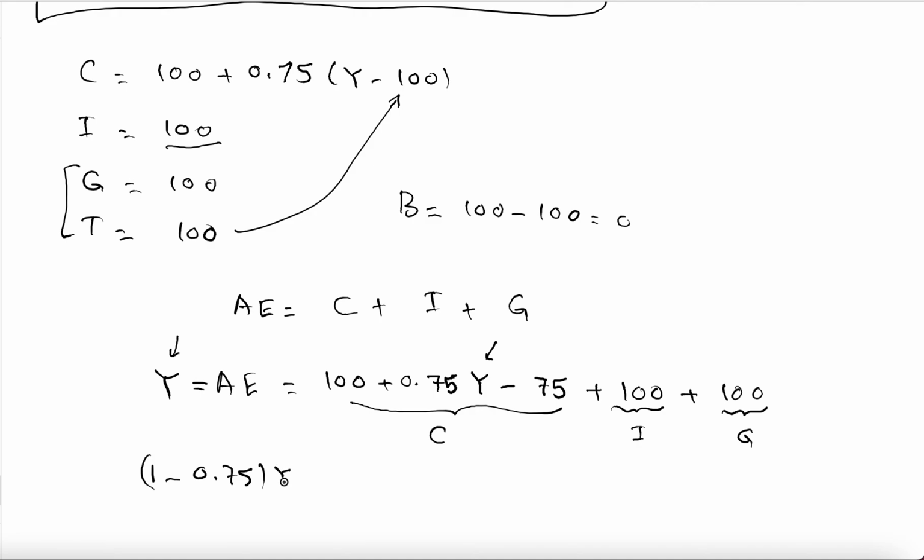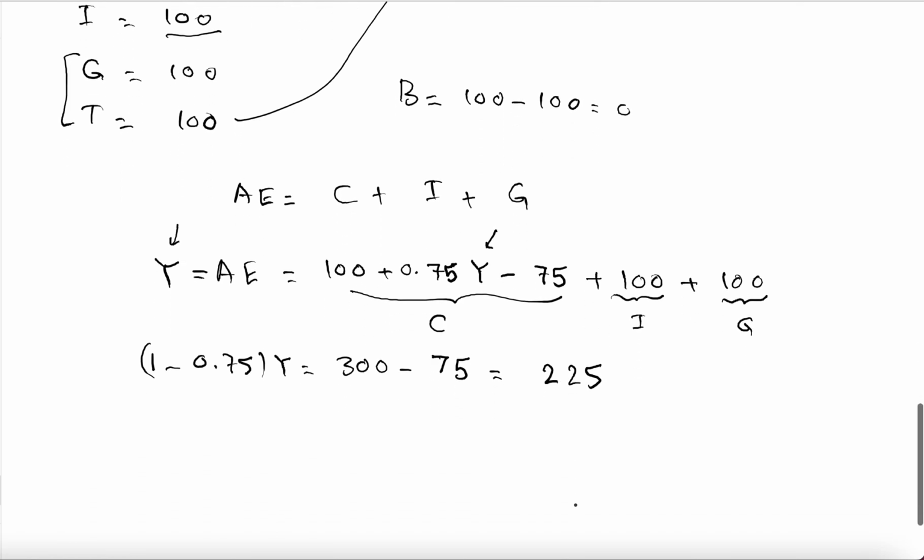And then we can add them all. So it's 300 minus 75, becomes 225.